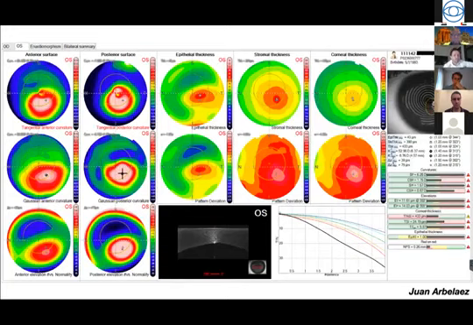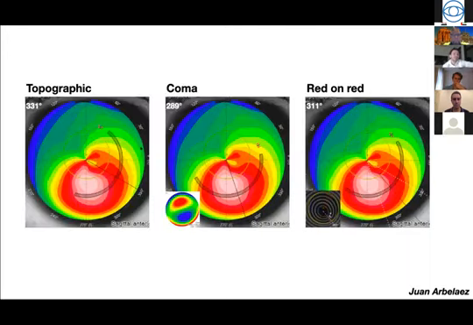This is very useful to identify the location of the cone, as I was saying, and here with the notable points we see in this case that the topographic axis and coma are far away from each other. So we decide where we are going to implant this ring. But if we use the notable points, we see that there is a point in the middle, and we cover very nicely almost all the area of the cone.